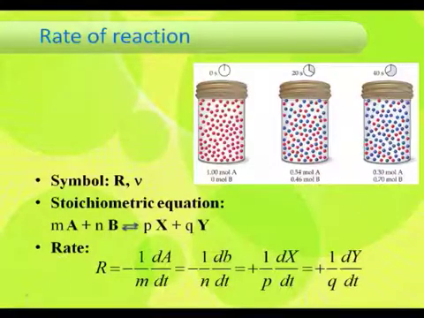Have a look at the rate of reaction. Let's say we have 1 mole of A, and initially we don't have B molecules, only red.